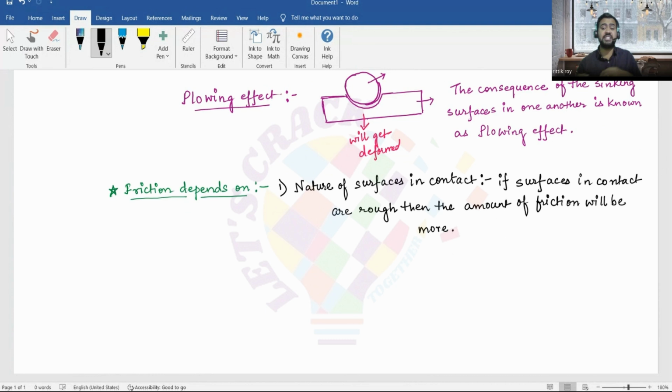And if the surfaces in contact are smooth, then the amount of friction will be less. The thing we have to remember is that friction always depends on the nature of the surfaces in contact. And the second factor is thrust.